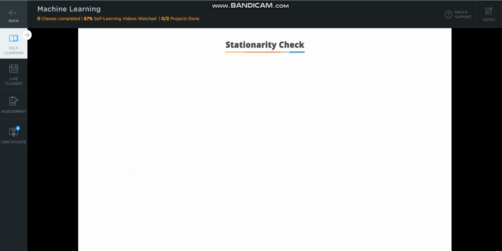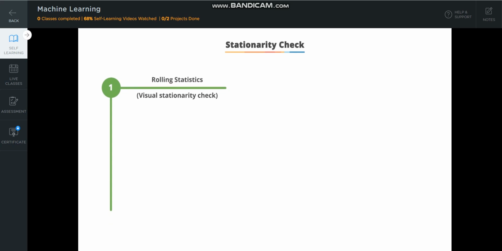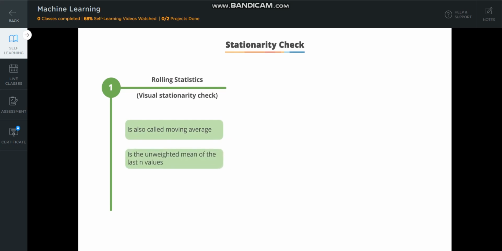Let's understand which method will help you do a stationarity check of your data set. If you want to do the visual stationarity check, you can apply rolling statistics over your data sets. A simple rolling average, also called a moving average, is the unweighted mean of the last n values. A rolling average can help you find trends that are hard to detect.